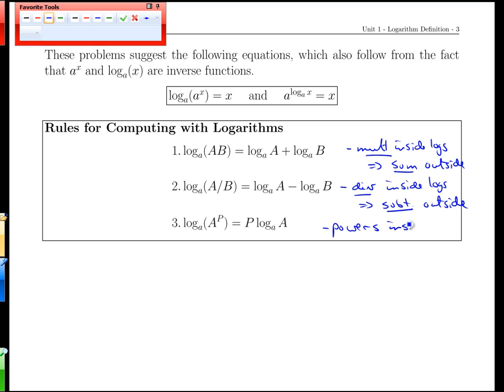Powers inside the log can become multipliers or scaling outside. Sometimes we'll say bring the power down front.